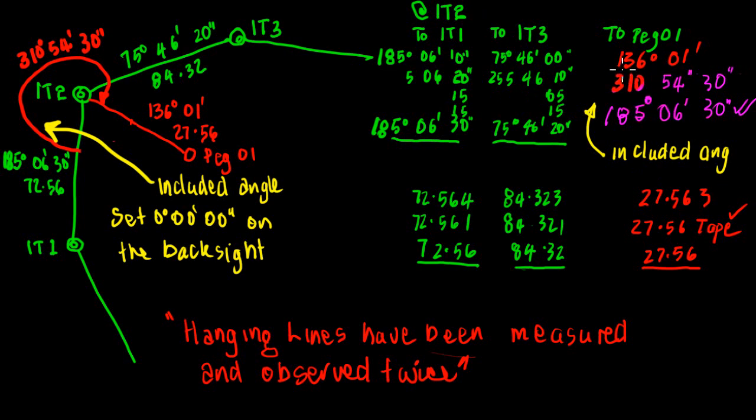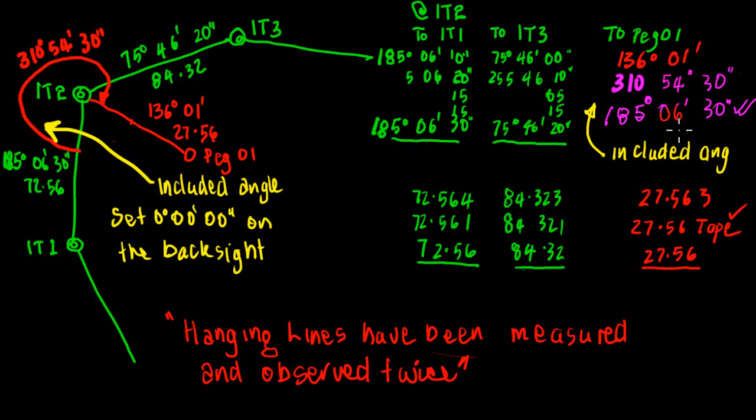I then write the included angle underneath, 310°54'30", and I take that away to make sure that I get back to the backsight. Sometimes this can get a little bit tricky, and this is one of the trickier ones. Obviously, the 30 seconds will come away from there as 30, and we could carry one across.